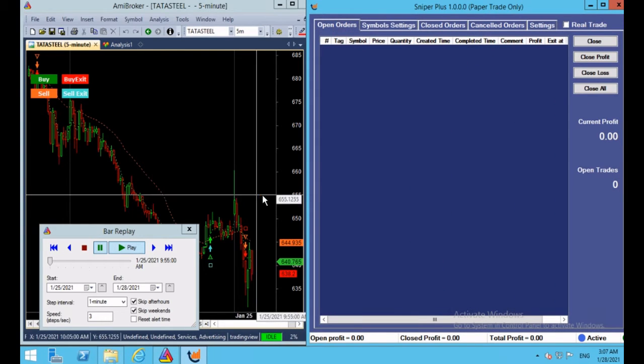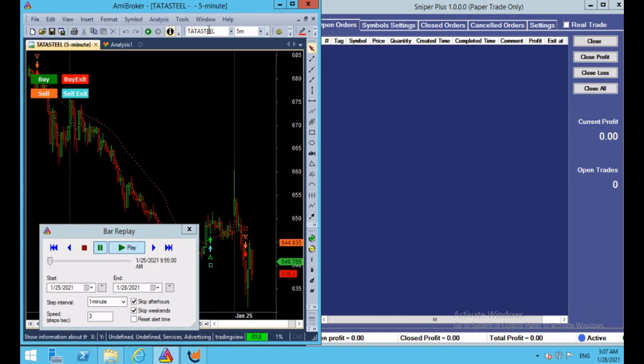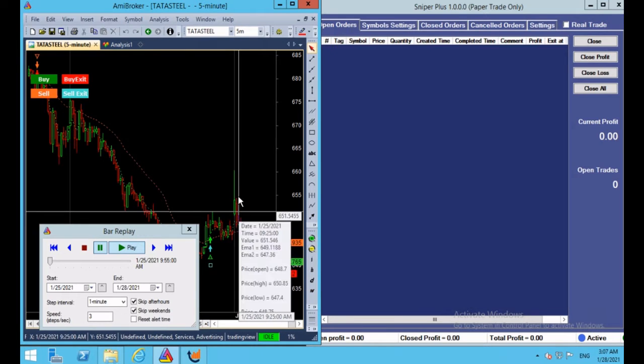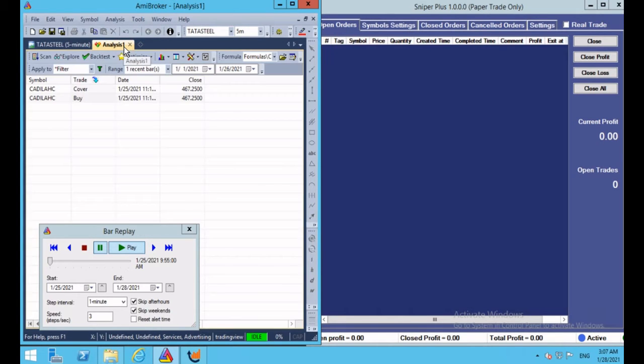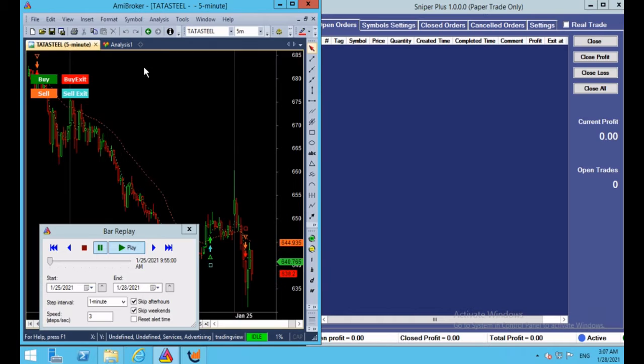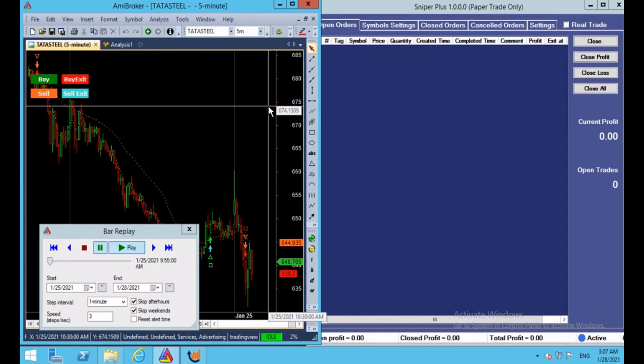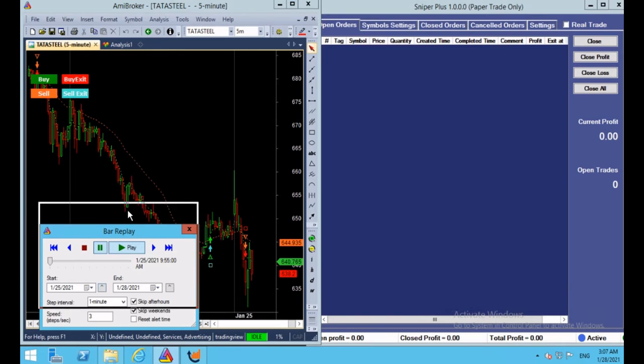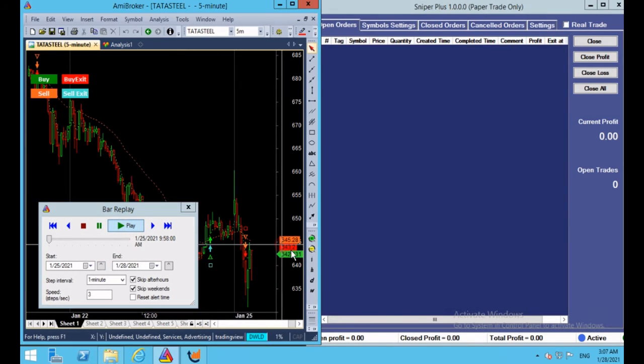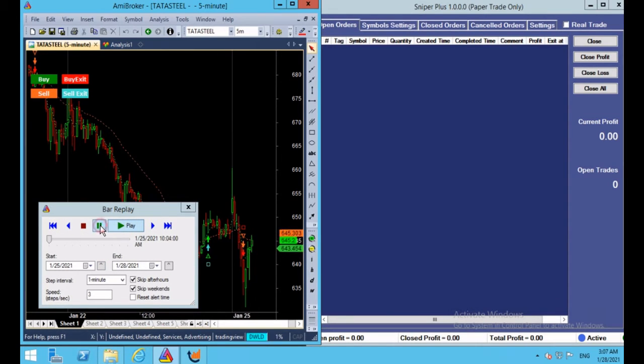It is impossible to trade 135 symbols by opening charts, but by using the analyzing method we can trade 135 symbols at the same time. Our Sniper can capture even if the chart is not open, using the analyzing method. So let us do bar replay.